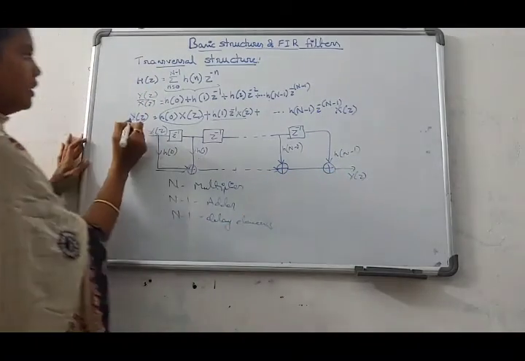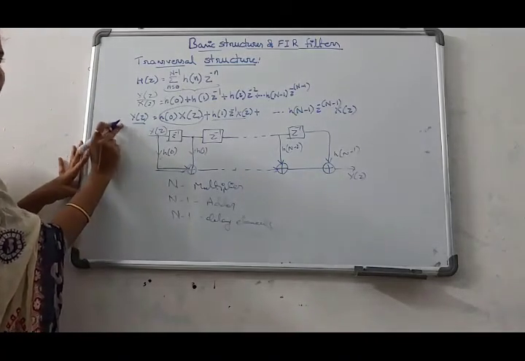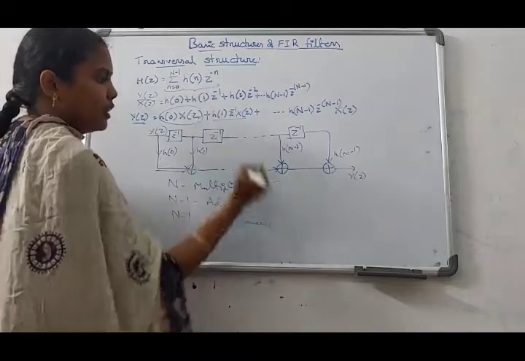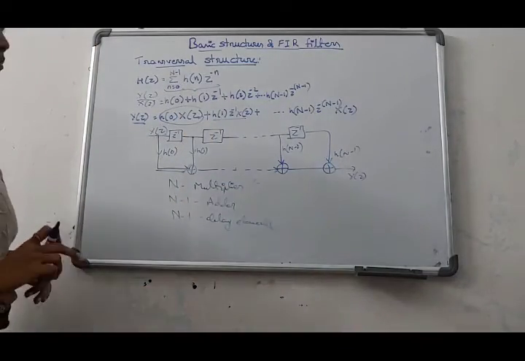Okay, so you are getting the Z transform of the output, that is Y of z. So this is the basic structure of the transversal, or you can call it a direct form structure.